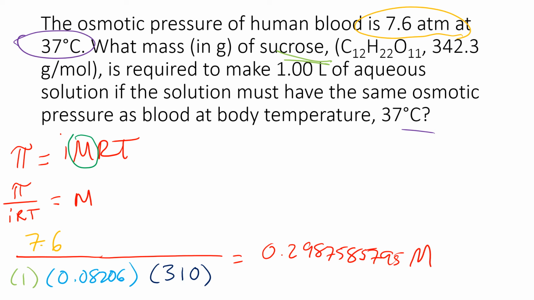So I need to remember that molarity is moles per liter. I want to get this by itself. So the number of moles is liters times molarity. I plug in my numbers.